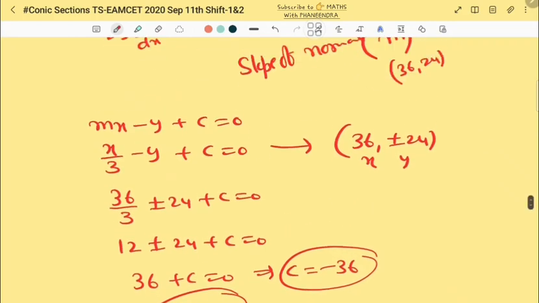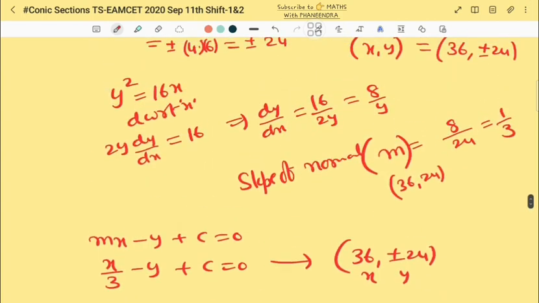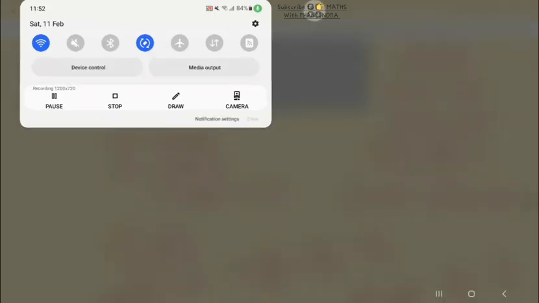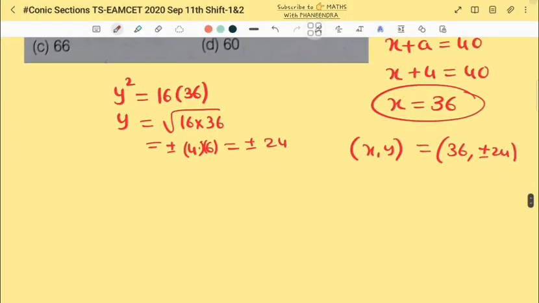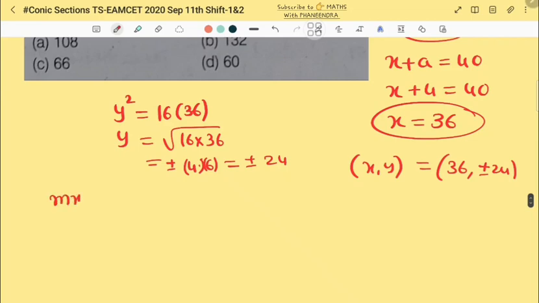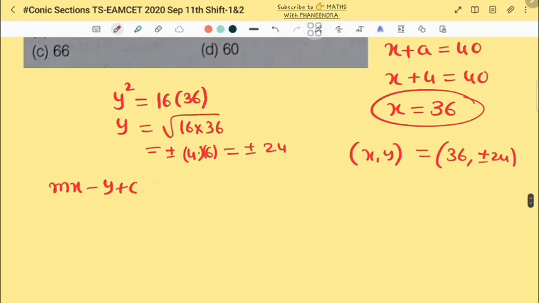But even though the c values 12 and 36, that also are not there. So we'll see whether a standard result in the IPA will work out or not. So here the given line is mx minus y plus c. This line compare with lx plus my plus n is equal to 0. So l is equal to m, m is equal to minus 1, n is equal to c.